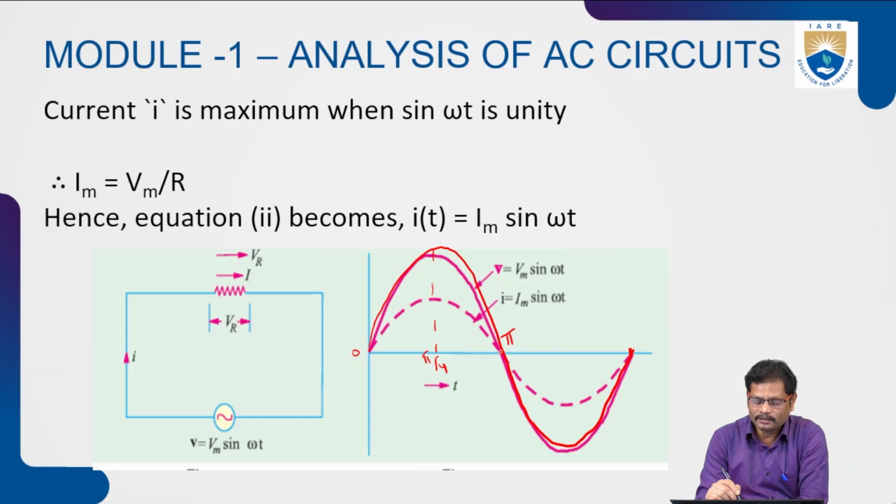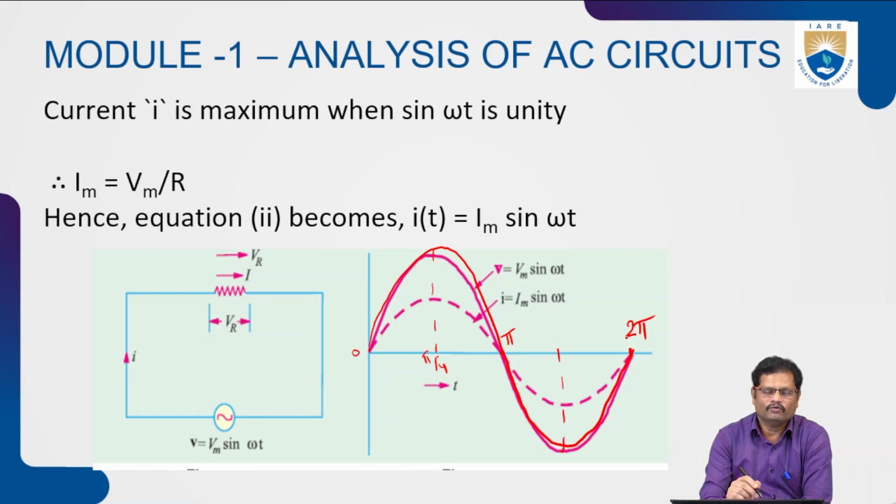Then again in the reverse direction, in the negative half cycle, it starts increasing, reaches maximum value, and again reaches 0 at 2 pi. On the x-axis we are taking time t in seconds, and on the y-axis the quantity, here v of t, and another that follows, I of t.